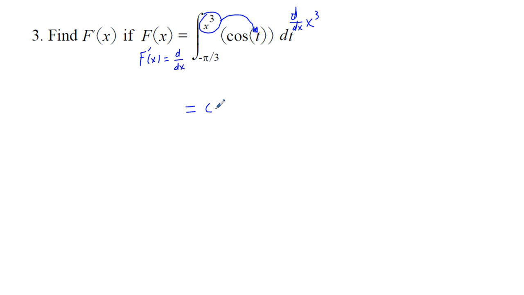So our answer is going to be the cosine of x cubed, because x cubed replaces that t, times the derivative of x cubed, which is going to be 3x squared. And we can rewrite that, putting the 3x squared out front. We have 3x squared cosine x cubed.